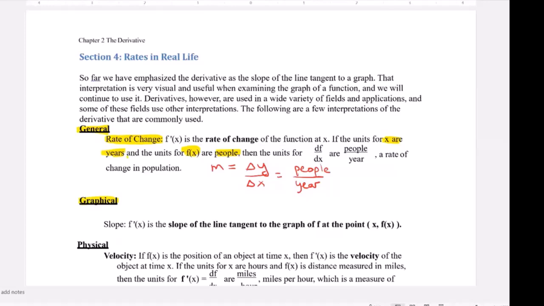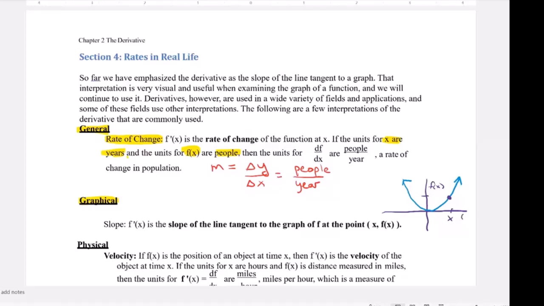If I have a graph, and let's say my graph is a parabola, and I want to find the rate of change of something at that point. This is X. This is f of X. X is in, oh, we don't know.